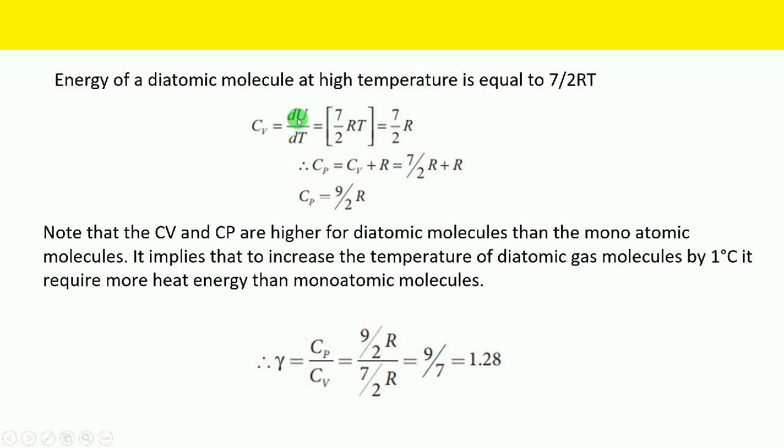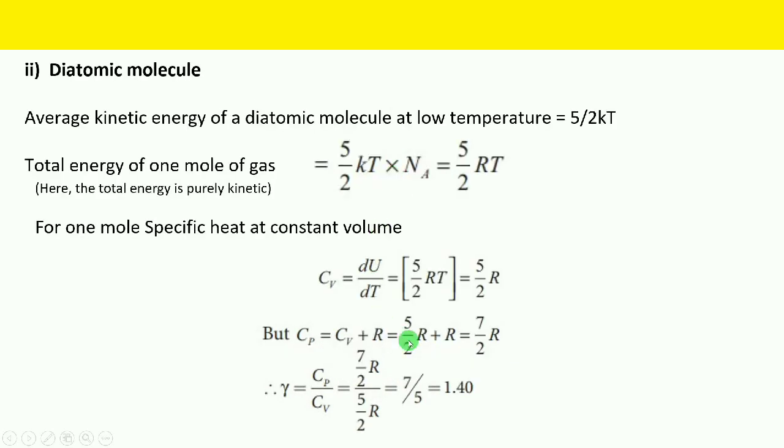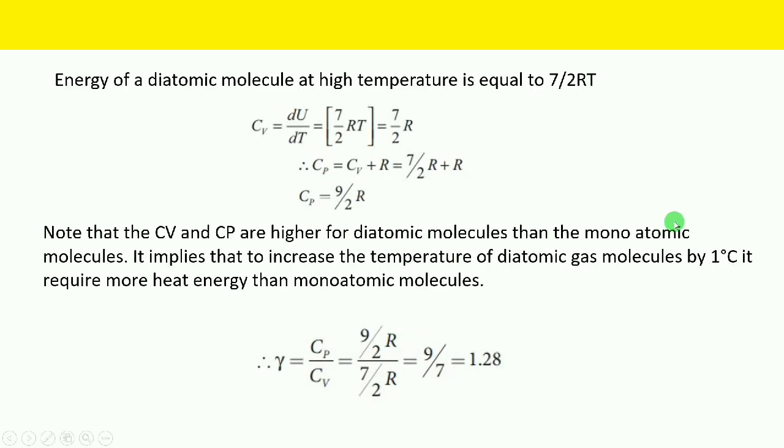So again we will consider internal energy, for high temperature with 7 degrees of freedom. So internal energy will be 7 by 2 RT. If you are defining Cv, du by dt, so d by dt of 7 by 2 RT, 7 by 2 R will be constant, the derivative is of T only, that is dT by dT.